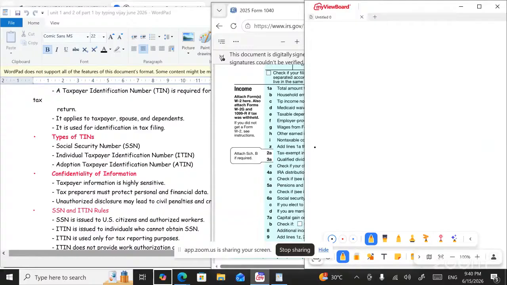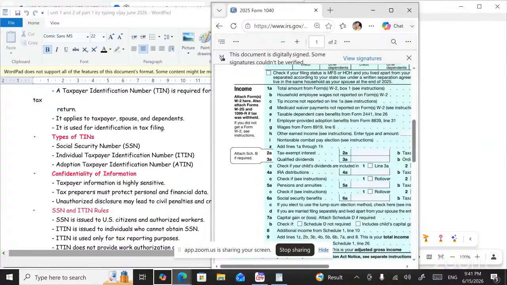Am I right? Yes. Similarly, in the case of IRS, Form W2 will be issued by the employer to his employees. That is the base for the employee to file his return.